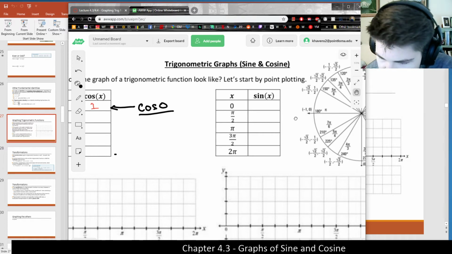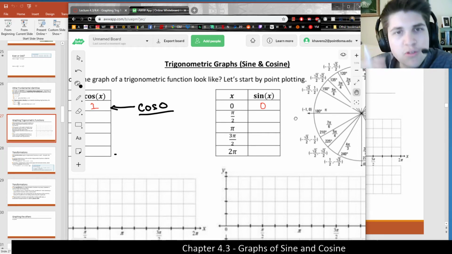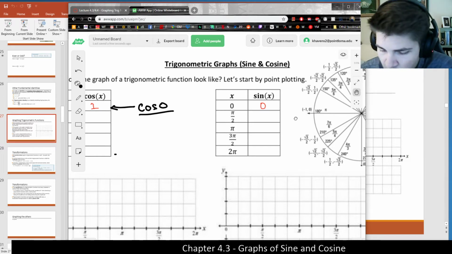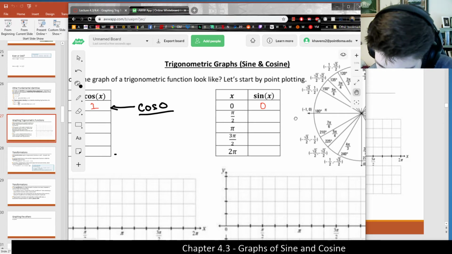And also noting that the sine of 0 is 0, because that's, what we're going to get to that in a minute. But those are two very fundamental points for what are the y-intercepts of those graphs. And also on our trigonometric graph, we could go ahead and graph that point as well. So essentially, cosine of 0 is going to make 1.